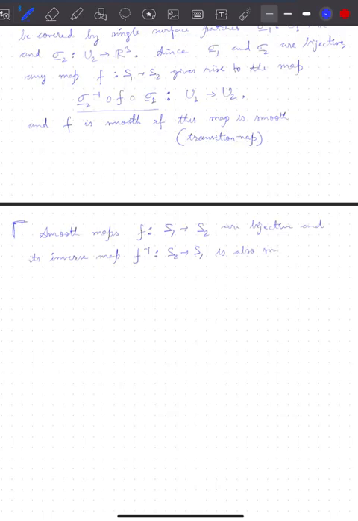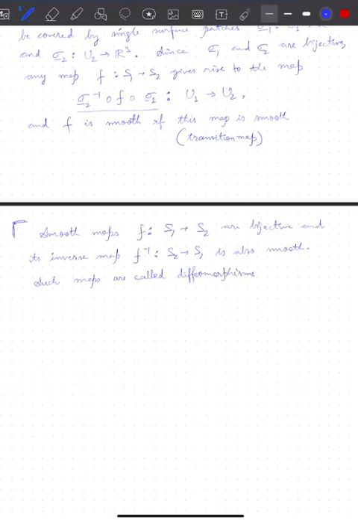Right? Then such maps are called diffeomorphisms.